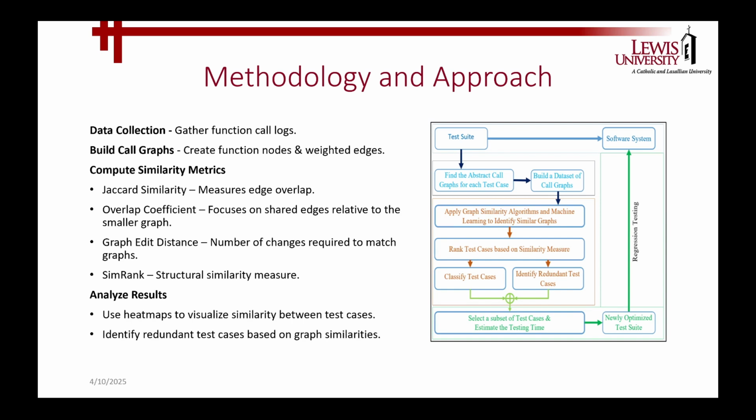Next, we compute graph similarity using four metrics: Jaccard, overlap coefficient, graph edit distance, and SimRank. Finally, we analyze the results using heat maps and similarity scores to identify redundant or structurally similar test cases.